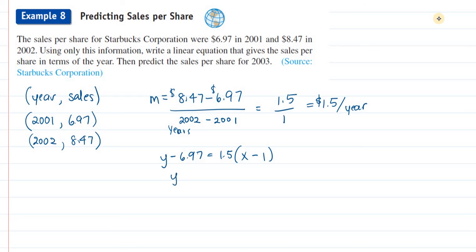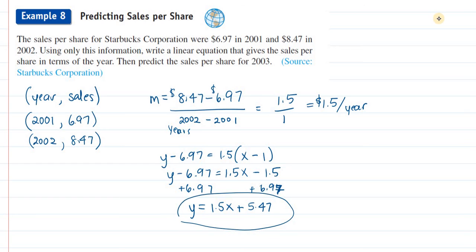All right, if I multiply these things all out, y minus 6.97 equals 1.5x minus 1.5, and I'm going to add the 6.97, that's a 7, to both sides. So y equals 1.5x plus 5.47. So that's our equation.